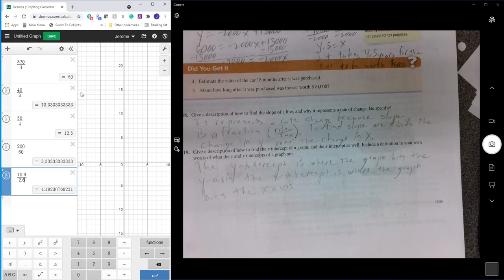And that's it. Well, it says include a definition in your own words of what the y and x-intercepts are, and we already did that.